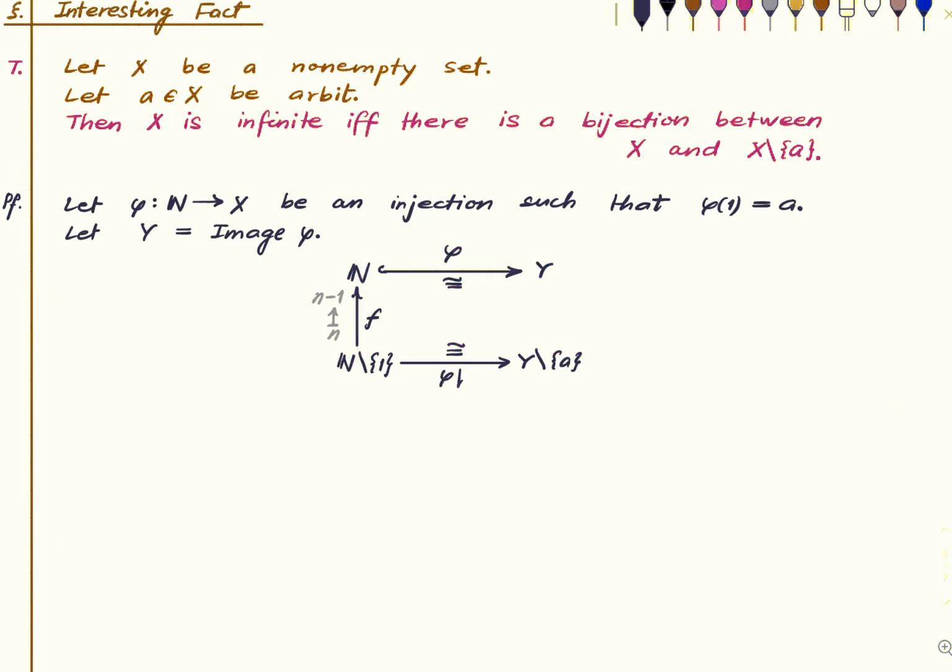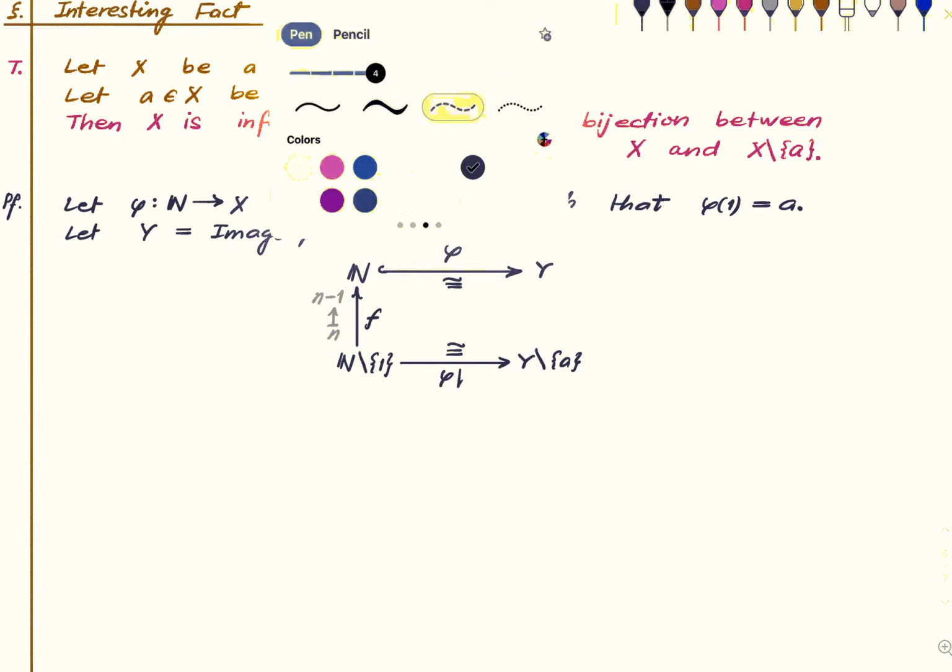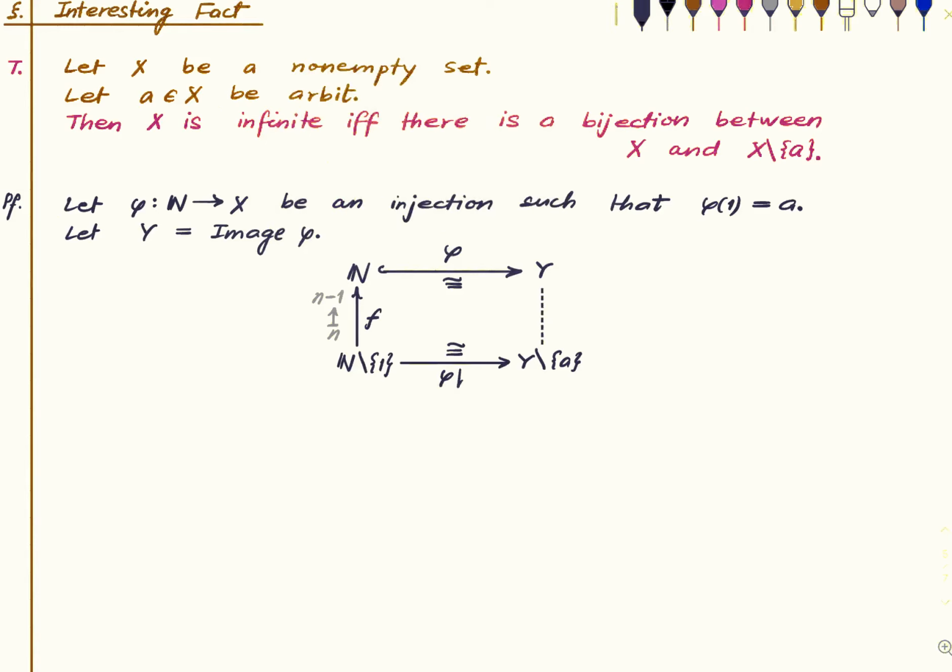So just define alpha. This is our map alpha. Alpha is defined as follows: first you apply the inverse of the restriction of phi, then you apply f, and then you apply phi again.